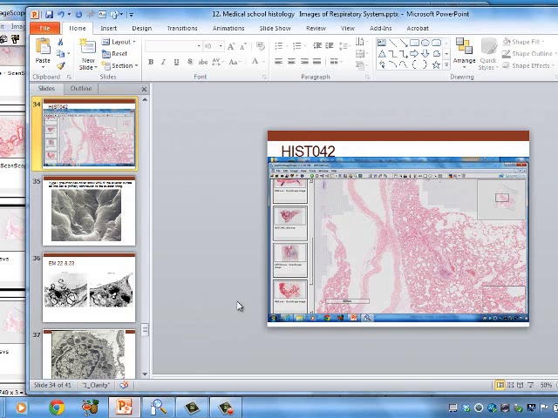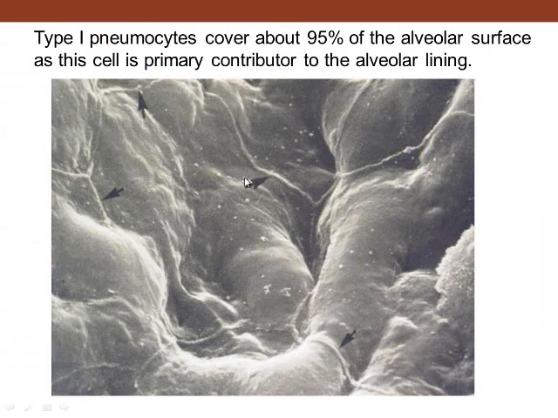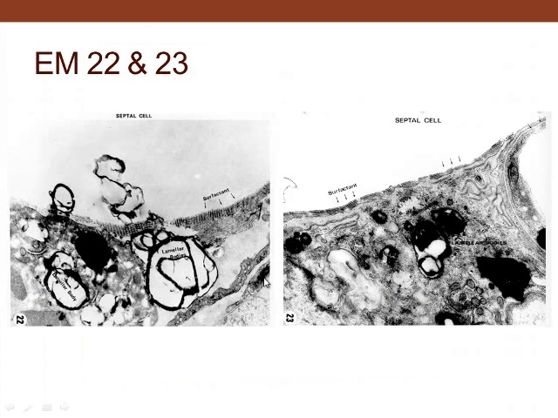And so if we go back to the slide, we can see that these are the type 1 pneumocytes, and they're glued together by these junctions. It would be the zonula occludens, zonula adherens that would be holding these, and you can see they're so thin that you can see the blood cells, red blood cells squeezing through the capillaries below.